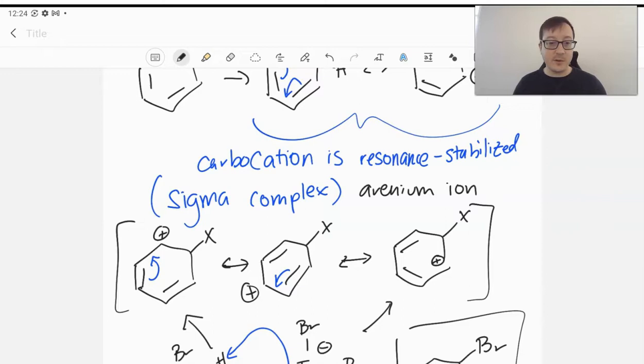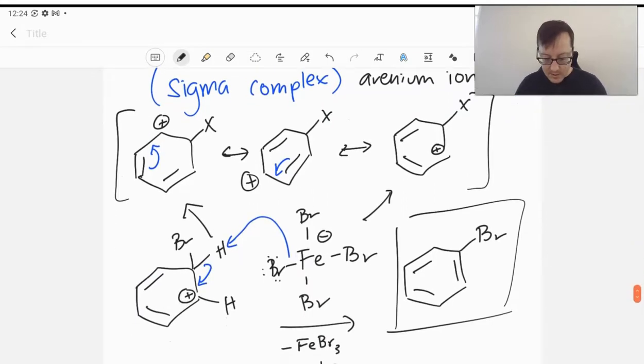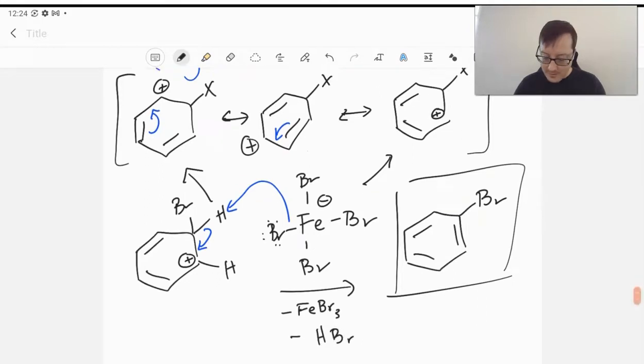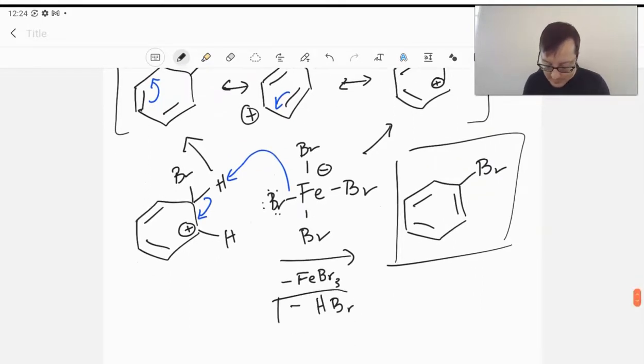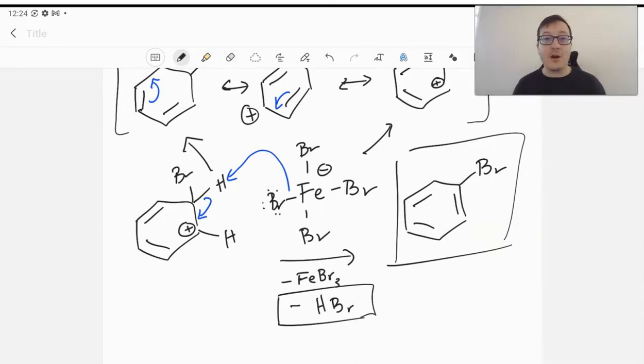And in 2 of those resonance forms, again, there's equal chance, we're able to then eliminate our hydrogen using a bromide ion. Bromide is not a very good base, but the fact that we're restoring aromaticity to our benzene is a very strong driving force. So it's able to do so. In this reaction, we therefore produce an HBr molecule as a byproduct, and we regenerate our iron 3 bromide catalyst.